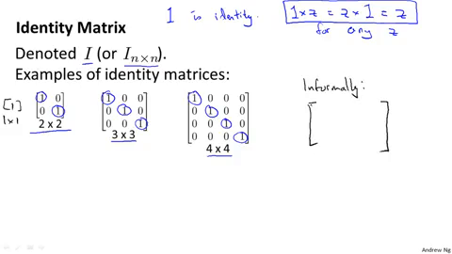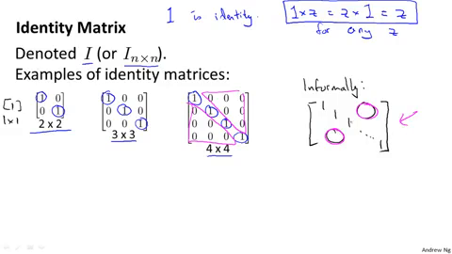We draw square brackets, write 1, 1, 1, dot dot dot, 1, and then somewhat sloppily write a bunch of zeros there. This big 0 and this big 0 are meant to denote that this matrix is 0 everywhere except for the diagonal. So this is just how I might sloppily write the identity matrix.